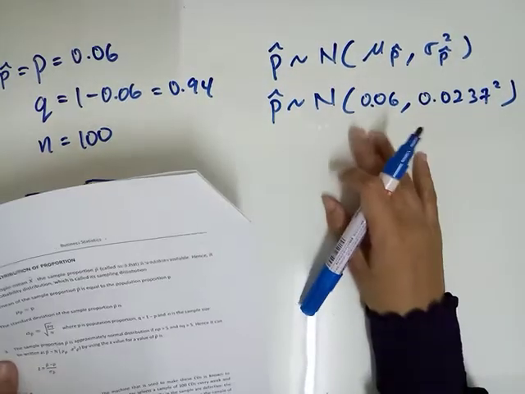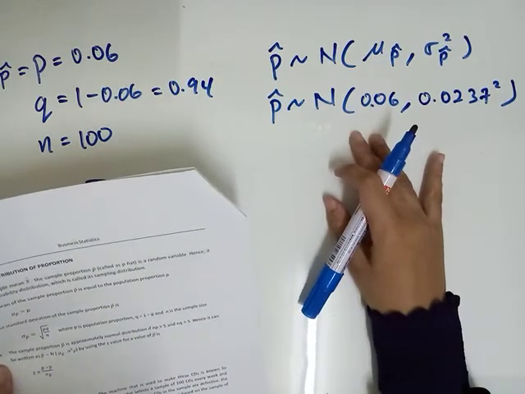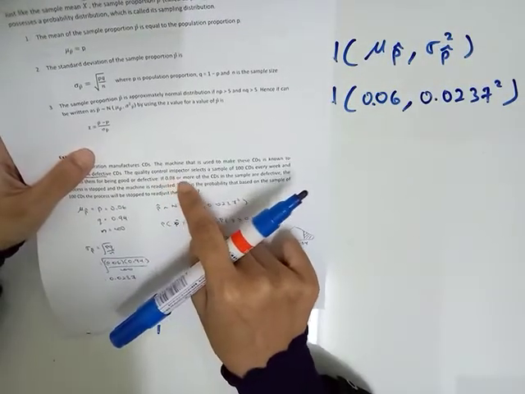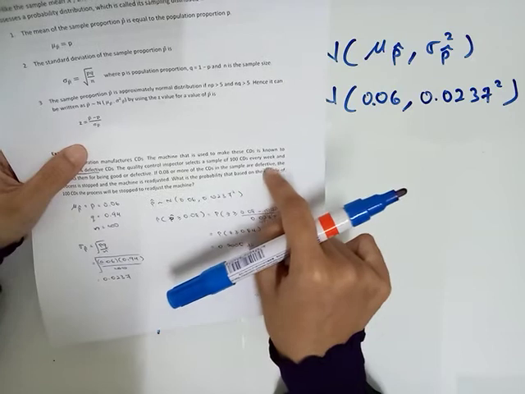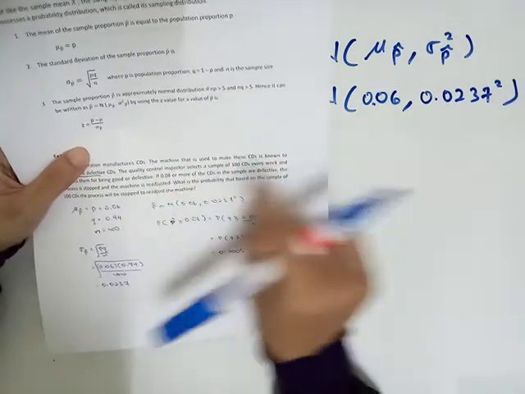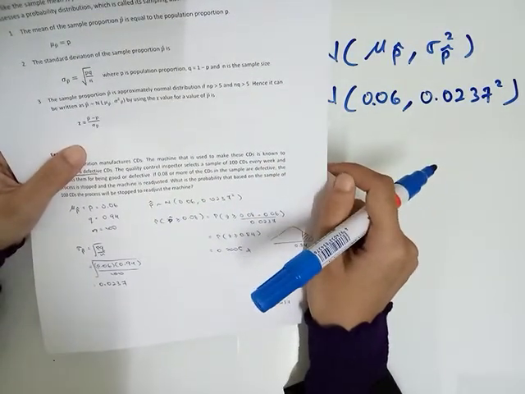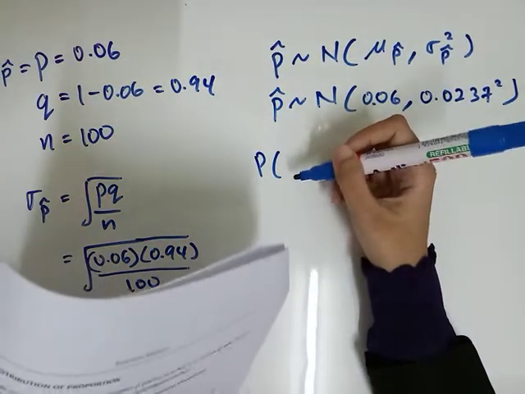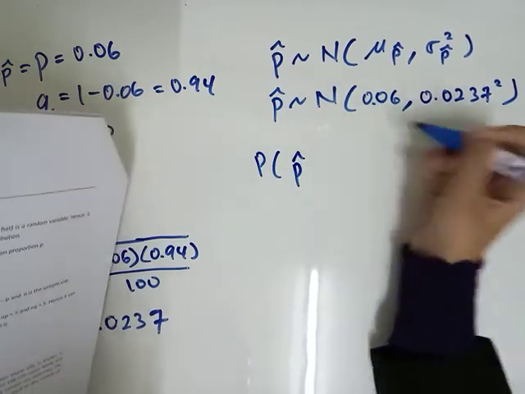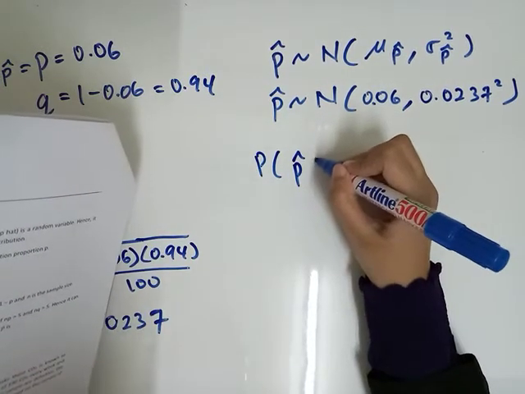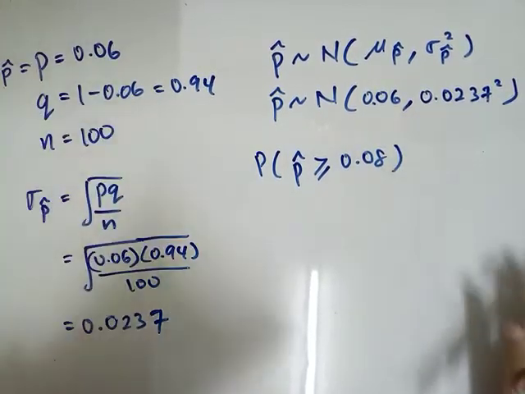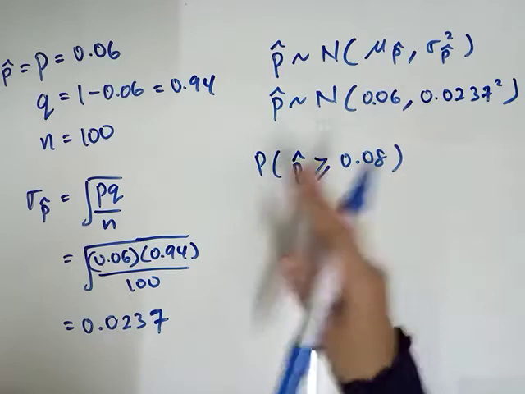It will be denoted as this, sampling distribution of proportion. And then we need to find the probability. Dia bagi kata kat situ, if 0.08 or more of the CDs in the sample are defective. That means that is the probability that we need to find: P of the sample proportion being 0.08 or more.